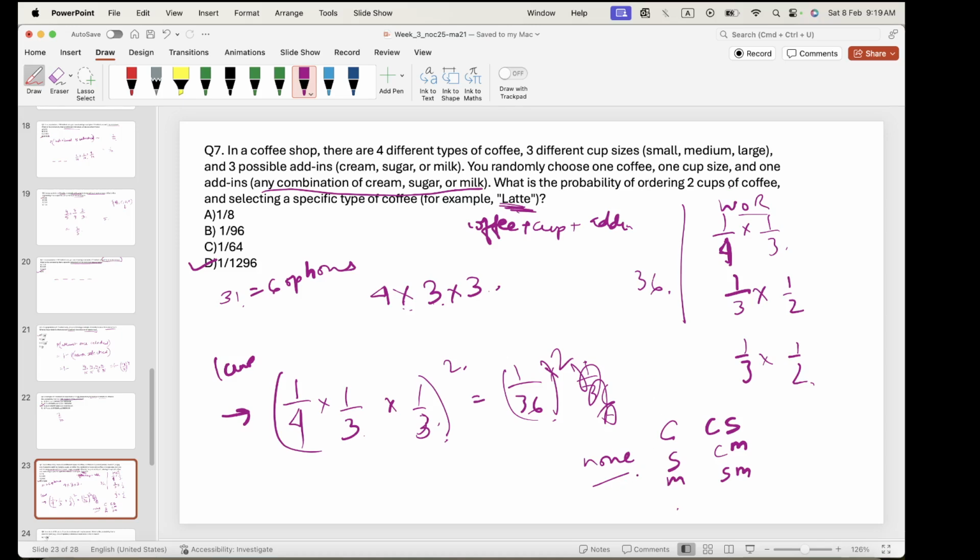I could have none of the add-ins, and also I could have all three. 1 2 3 4 5 6 7 8. Okay, not 6 factorial, I was incorrect.